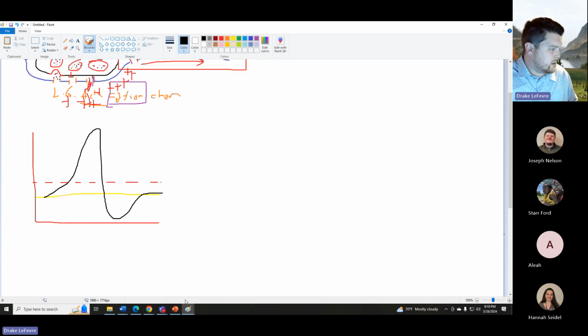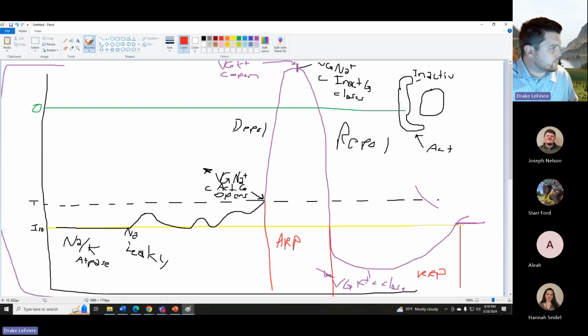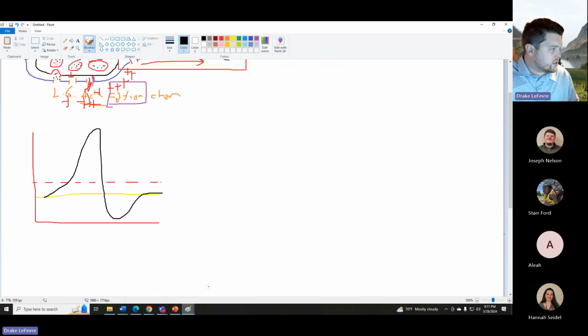Only difference is that with a nerve cell, our resting membrane potential is negative 60 to 70 millivolts, and our skeletal muscle is negative 90 millivolts.